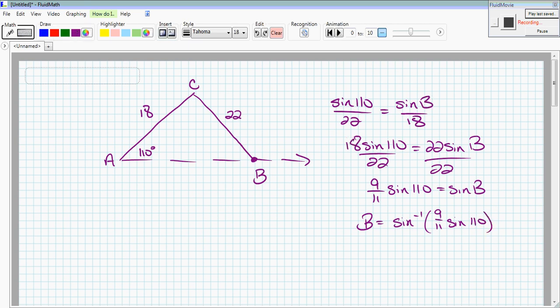Now, you do this on your calculator. We'll see how quickly and easily I can do it here. It might not be that easy at all. Maybe it will. Okay.